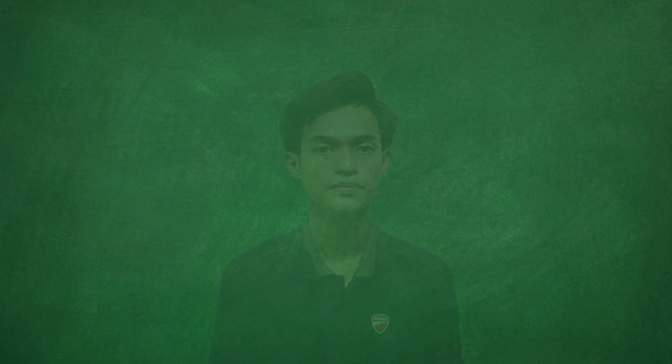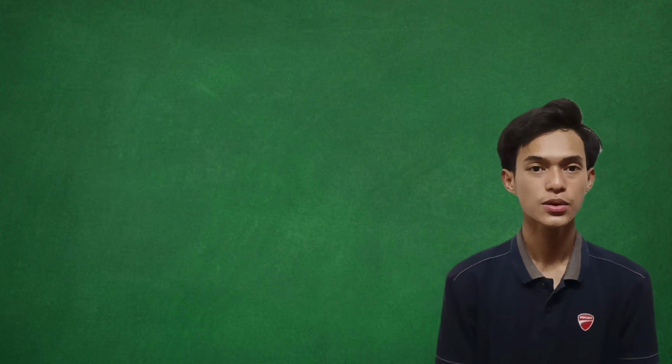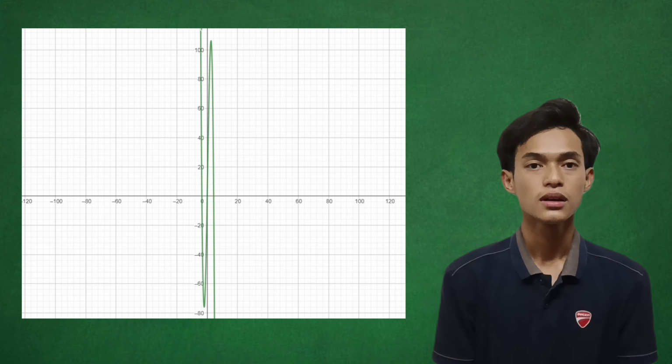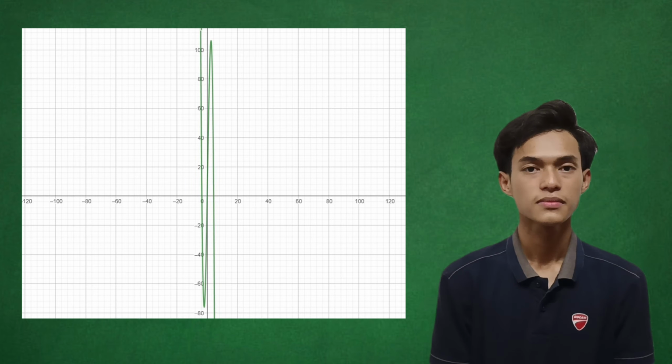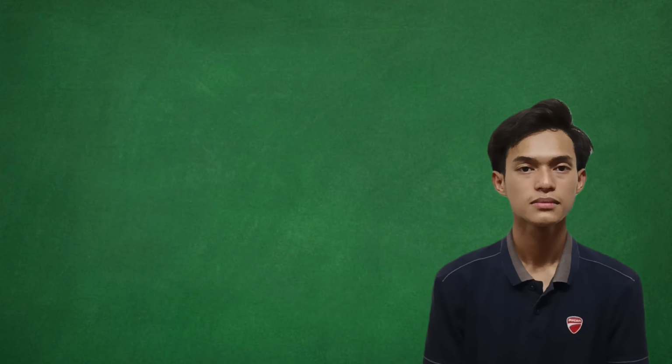And now for the final step, we will use the equation and the final answer that you just found to draw the diagram by using the application of differentiation. That's all from me, and now I will pass the next part to my next team member.